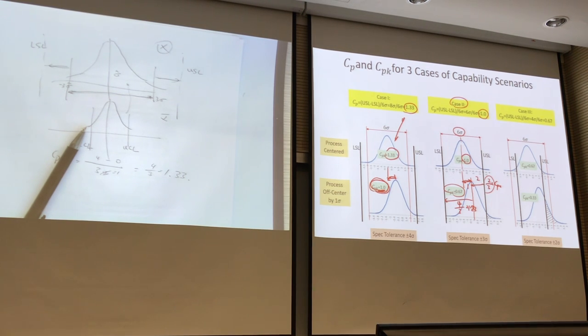Now in the next case, the specification tolerance is smaller than the process spread. So this is only equal to 4. We can go through the calculation. CP is that, and when it's centered, CPK is the same. When it's offset by 1 sigma, CPK equals CPU, which is 0.23. So what does this exercise tell you?